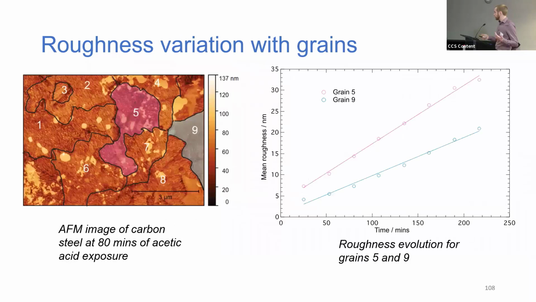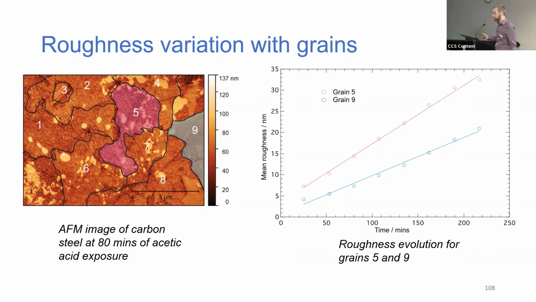So what I can do is I can take these images and I can mask off specific areas. I've marked off the grains, or what I think are the grains, numbered them, and then plotted roughness for just these specific grains. And indeed, what we see is quite a distinct difference in roughness between the 2 grains.